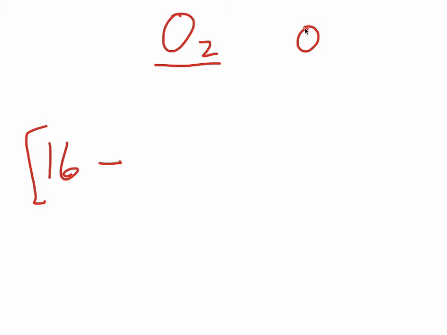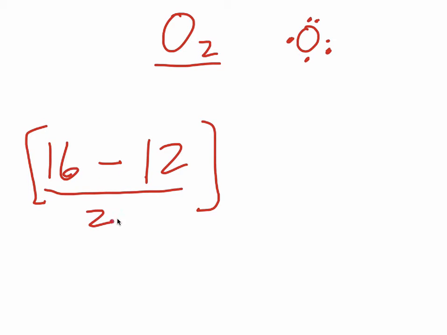Each oxygen has 6 valence electrons, or 6 Lewis dots, so 6 times 2 is 12. This leaves 4 electrons, which are locked up in covalent bonds. So we have 2 covalent bonds.